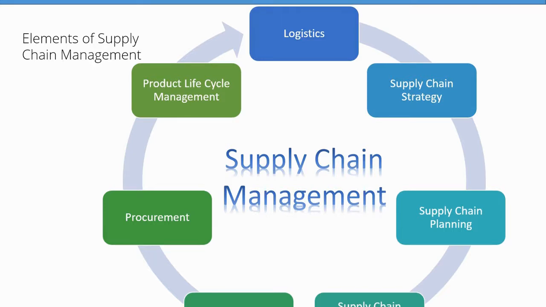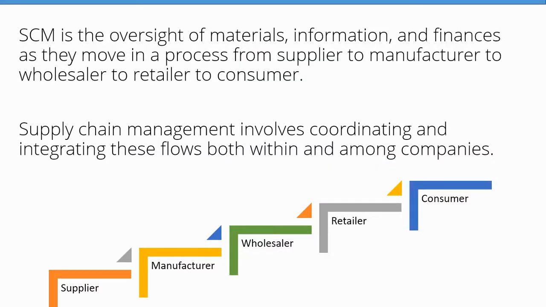So supply chain management is also the oversight of materials, information, and finances as they move in a process from supplier to manufacturer to wholesaler to retailer to your final customer. So supply chain management involves the coordinating and integrating of these flows both within and among companies. So that within statement is that you'll have supply chains within your own organizations.